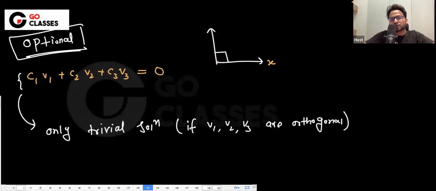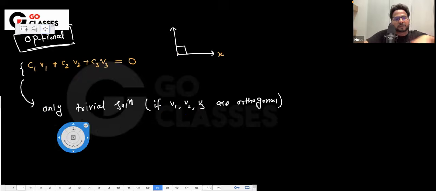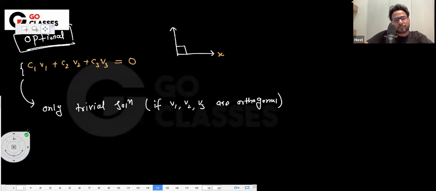Okay, you can mathematically also prove it. How? Suppose there exists some non-trivial c. This is a big optional proof.